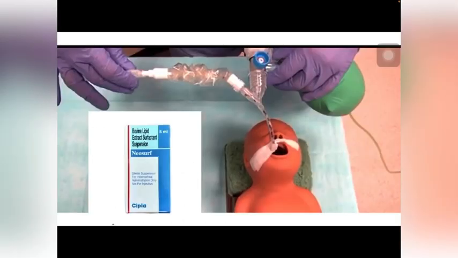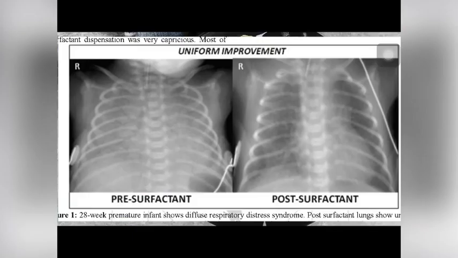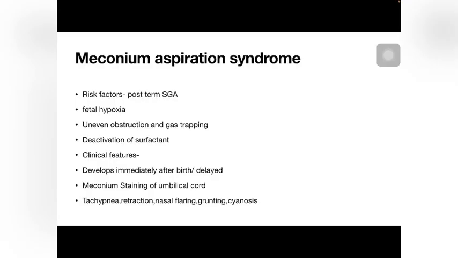This is an image showing surfactant being administered to a newborn. Here, the technique used is INSURE, which includes intubate, administer surfactant, and extubate. Here you could see the improvement on chest X-ray after administration of surfactant.